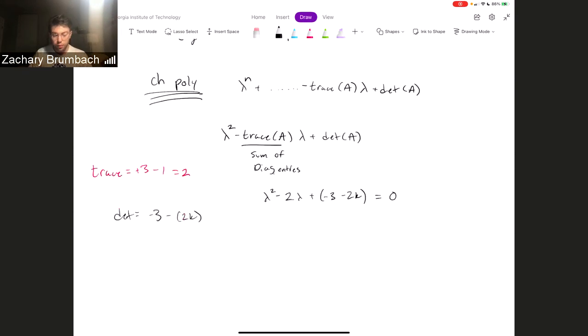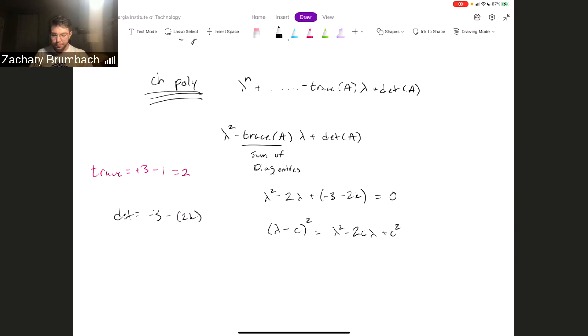We know we're going to have a repeated eigenvalue, so that means it's going to take the shape of some lambda minus some number squared. Well, let's write this as lambda minus c squared equals lambda squared minus 2c lambda plus c squared.